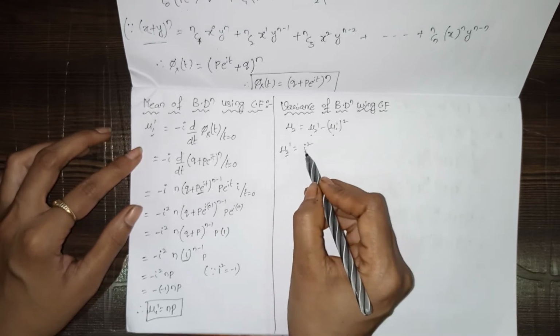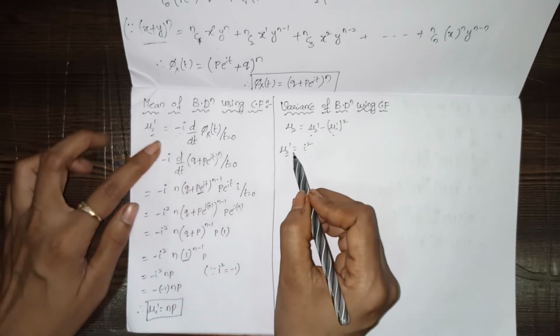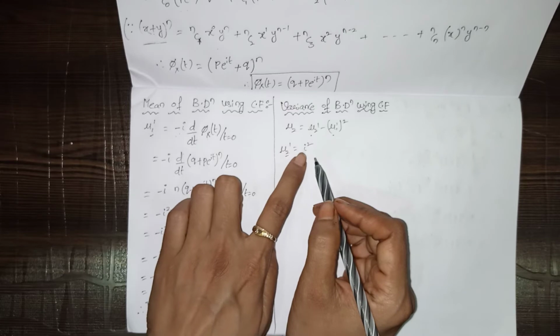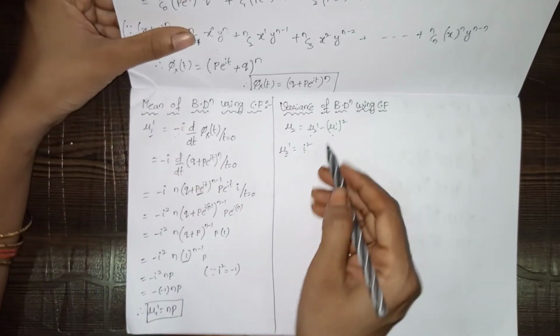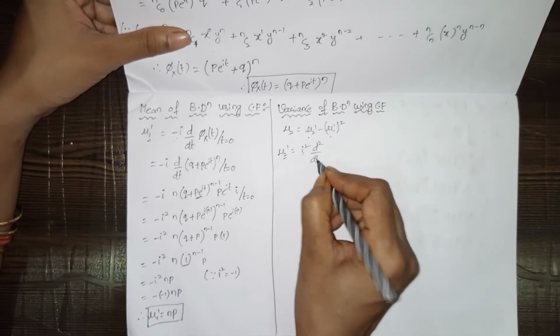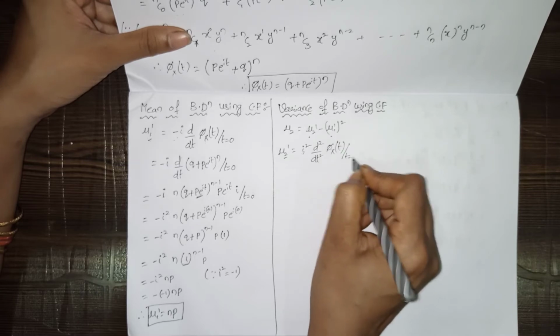For an even number we should not add minus, and for an odd number we have to add minus. That's why we did not keep minus here, we are just writing i square, because here 2 is there. So i square d square by dt square of phi x of t, where t equals 0.